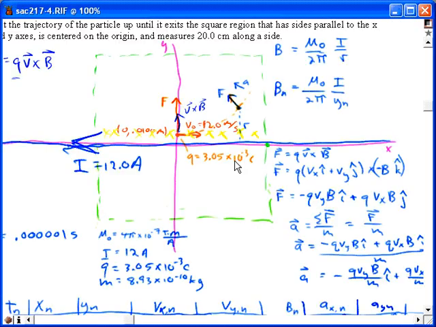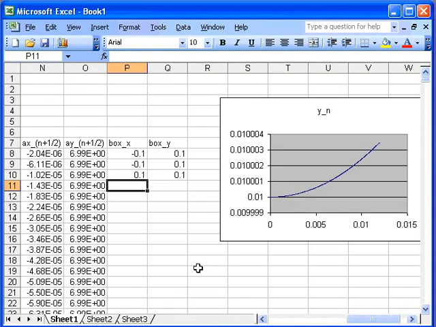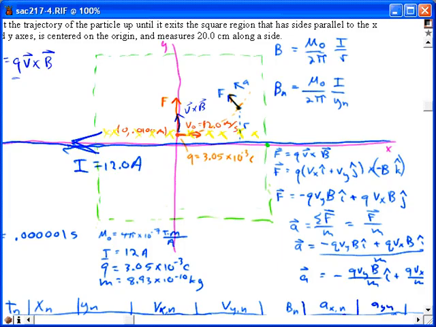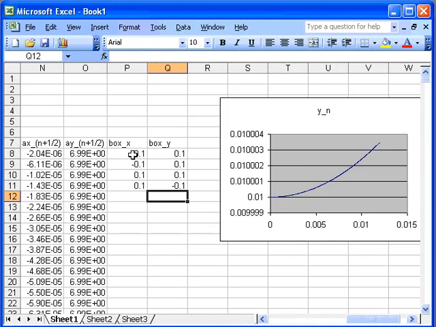Then I go down to here, which is 0.1, minus 0.1. And then I'm back to the start. So I go back to the start, which I'll just do with a Control C, Control V.